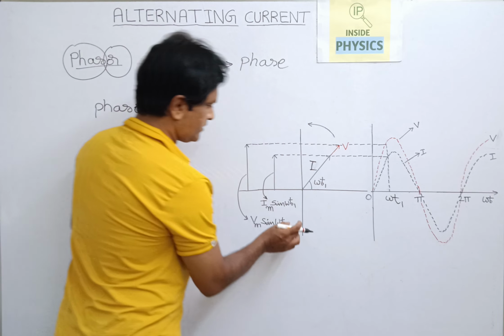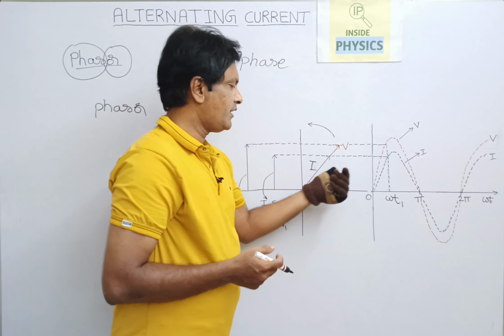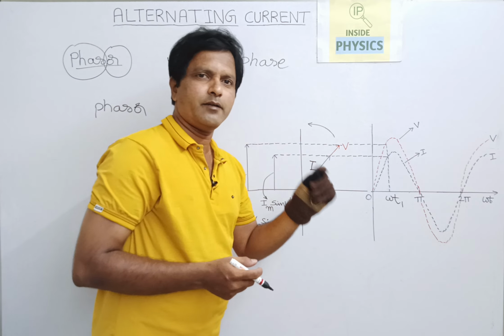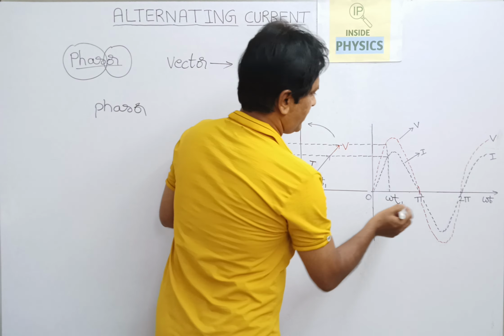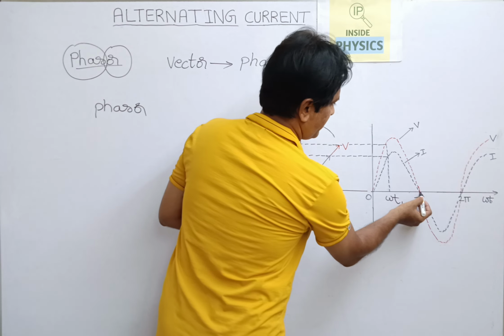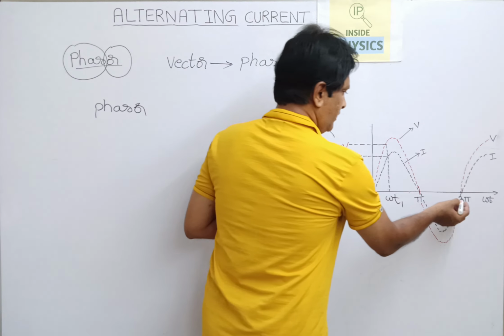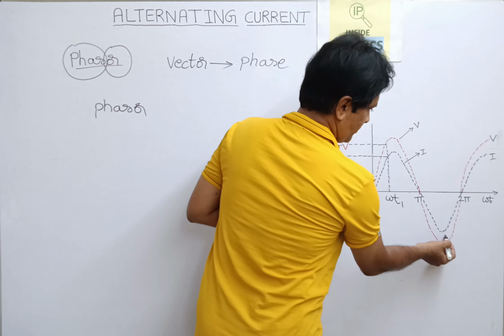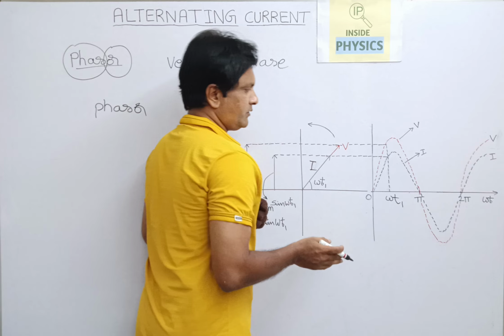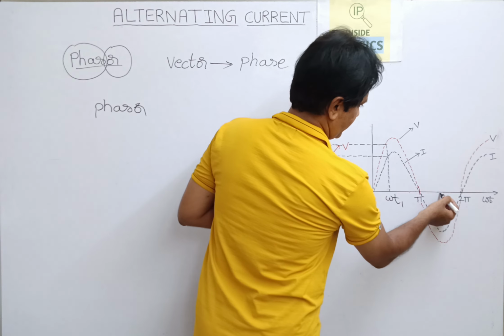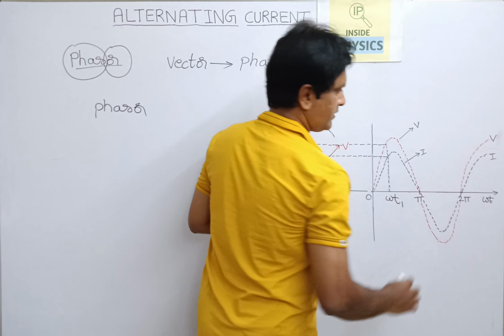If you observe this resistive circuit analysis, the minimum is achieved at the same time, and both current and voltage come to the maximum at the same time. Here omega t is t1, which means we are analyzing the instantaneous current and voltage at a particular time t1. They come again to the minimum at the same time without any phase difference, then to the maximum on the negative side at the same time, and again to 0 at the same time.